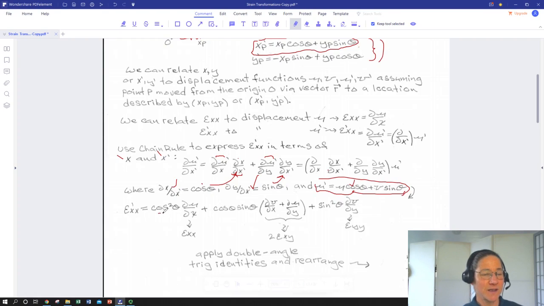So that will give us this term and half of this middle term. Then we'll take the second term in our chain rule, the partial of u prime with respect to y, so we'll come back here and we'll end up with the partial of u with respect to y times cosine theta.